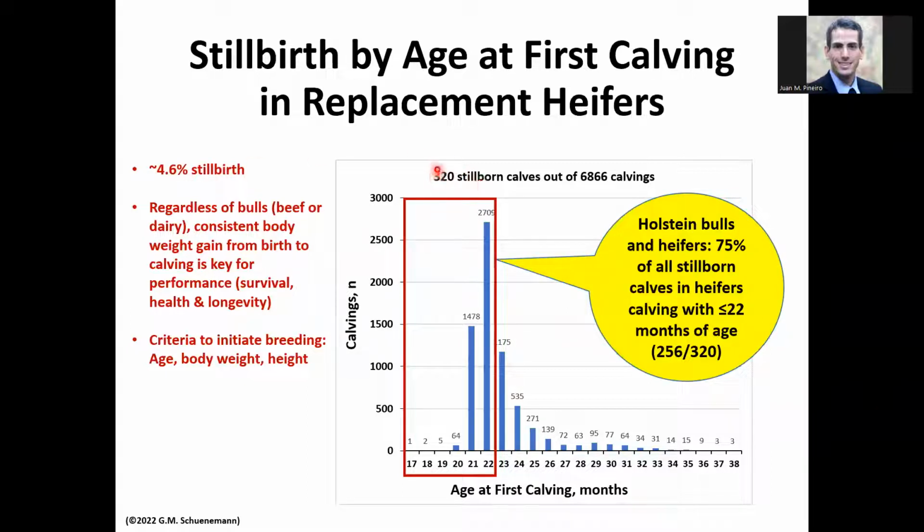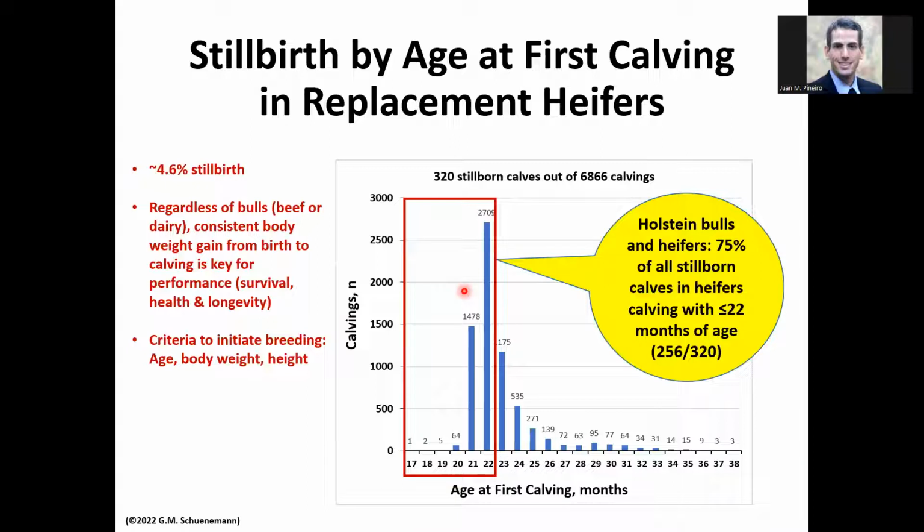But when you look at the total number of stillborn calves out of this number of heifers, 75% is in this group. Yes, there is a trade-off, and you gotta be careful here, because you get a lot of saving, especially from feed, because heifers start lactating earlier.